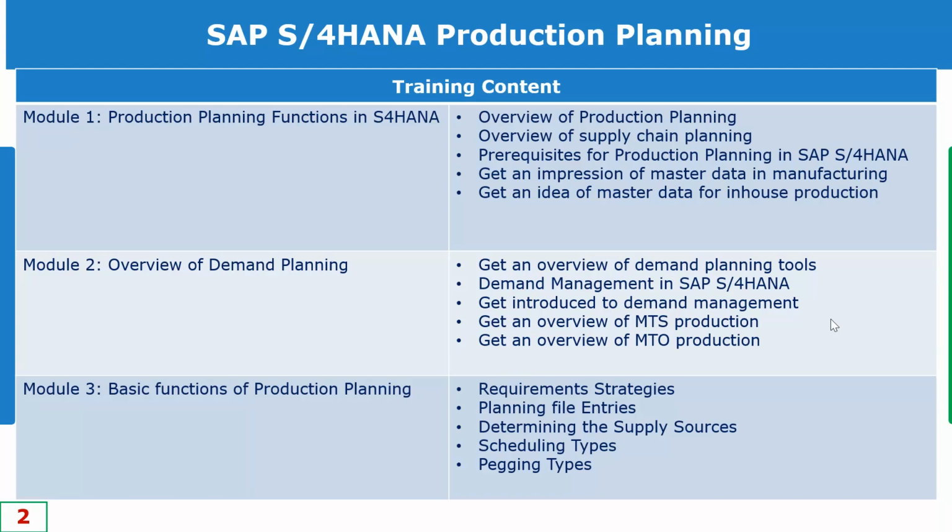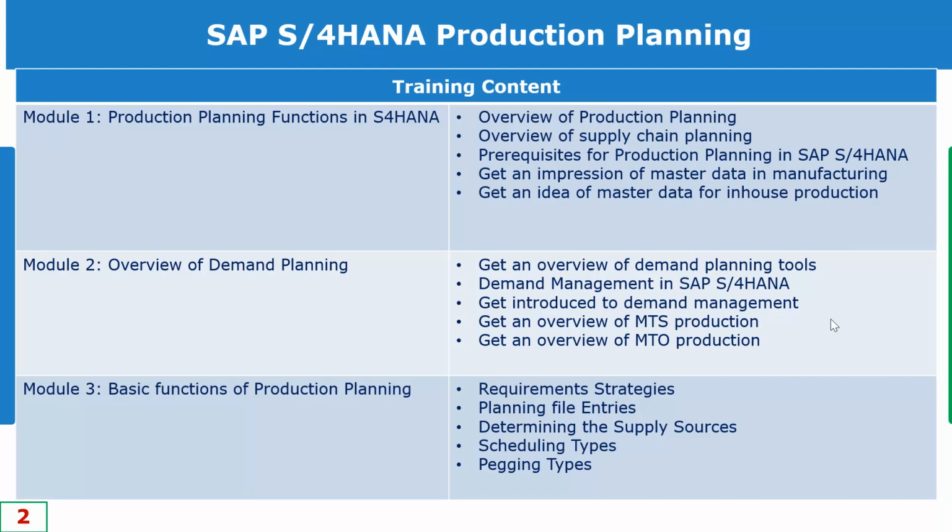After covering these basic things, we will go into demand planning. Demand planning, as I mentioned, is nothing but how we arrive at the quantity, what the different tools and transactions are for creating these demand quantities, how the demand creation techniques are used in SAP, and how it influences our production shop floor.